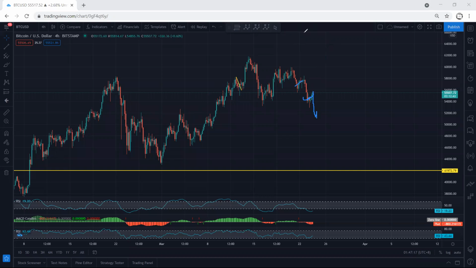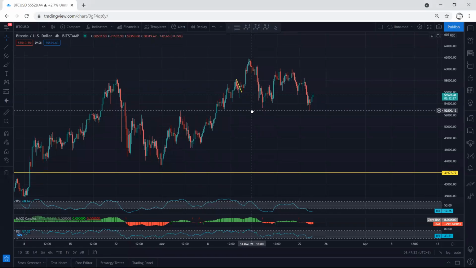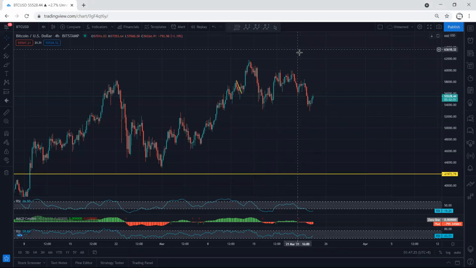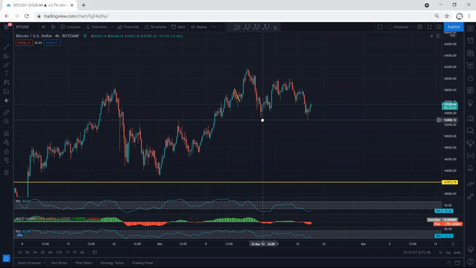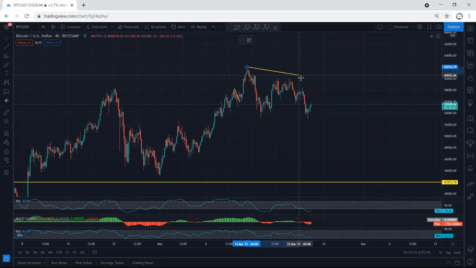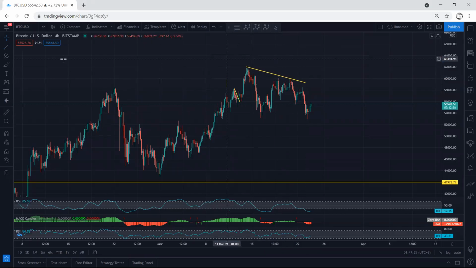How deep it can go, we need to wait and see, because this one, as you can see, broke the previous low, but if it drops quite a lot, then we need to look at the structure differently. By the way, based on the 4 hour chart, what we have been looking at right now is this flat. If I put this one here and another one here.